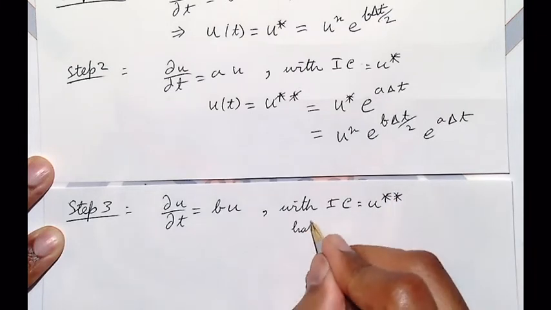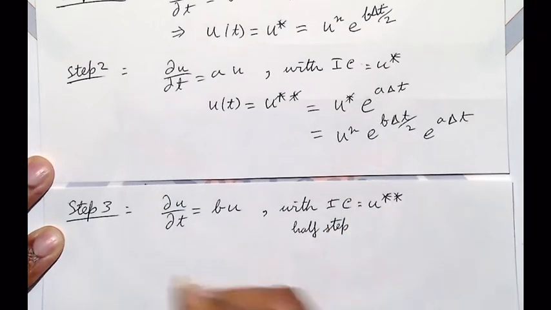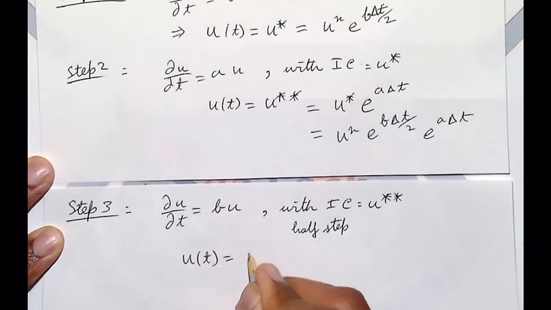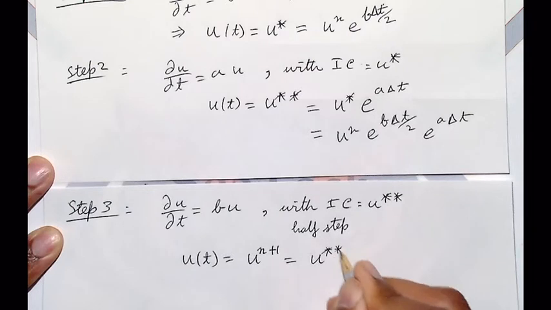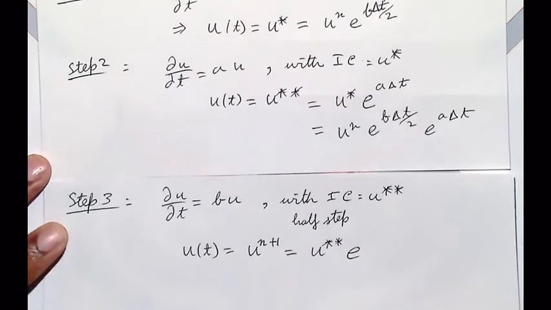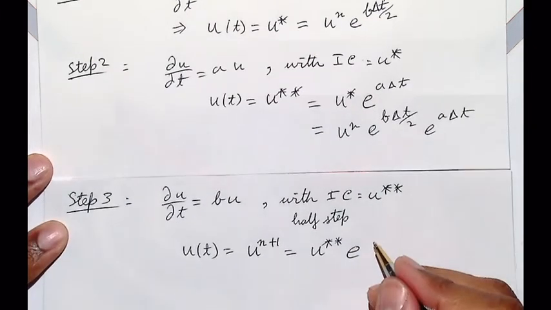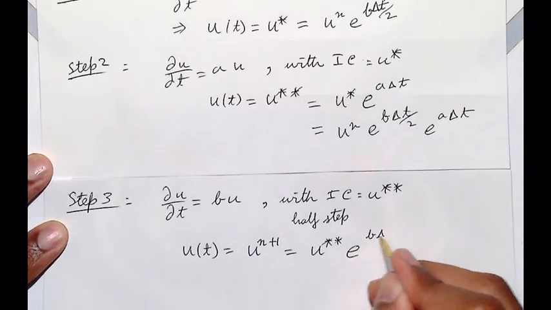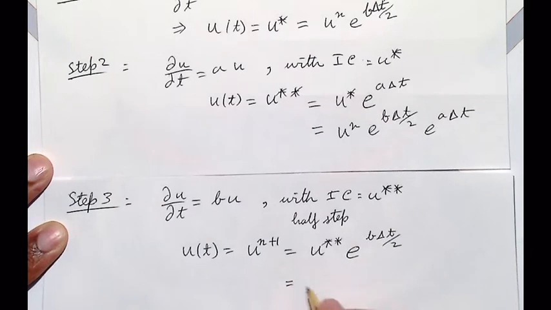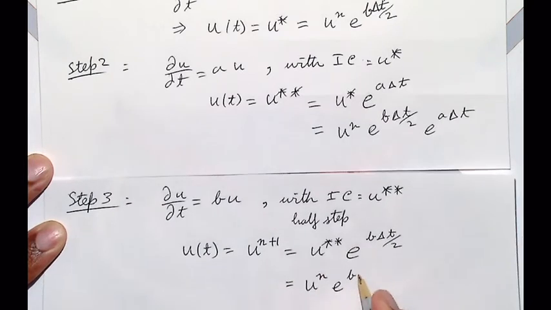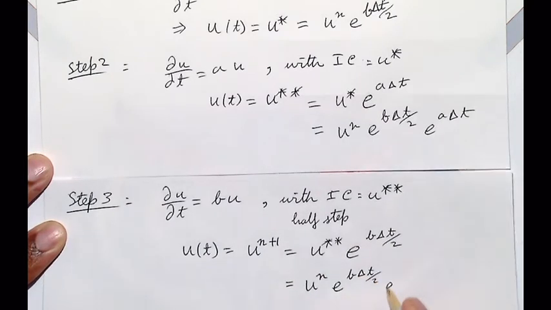U(t), which is U^(n+1), will be U star star times e to the B Δt over 2. And we said U star star is this thing here, U^n e to the B Δt over 2, e to the A Δt, e to the B Δt over 2.